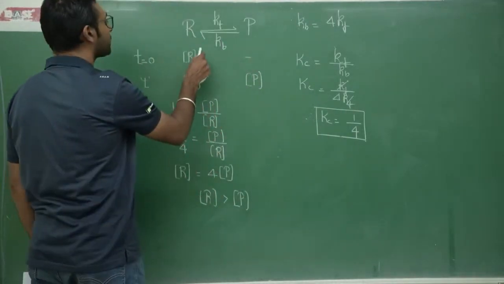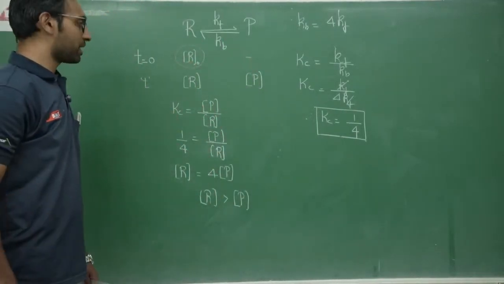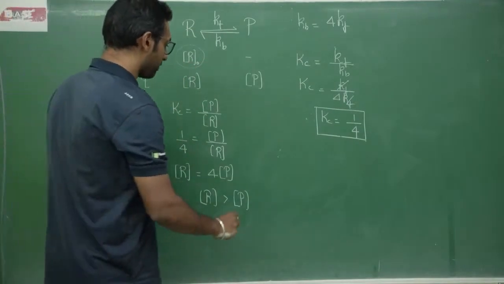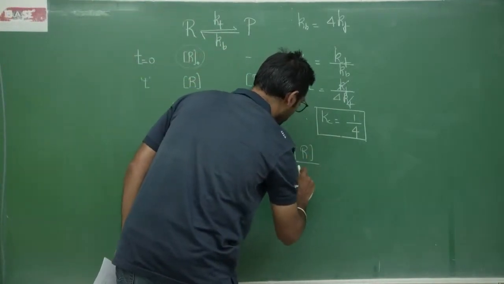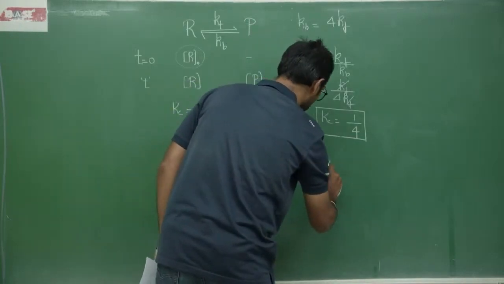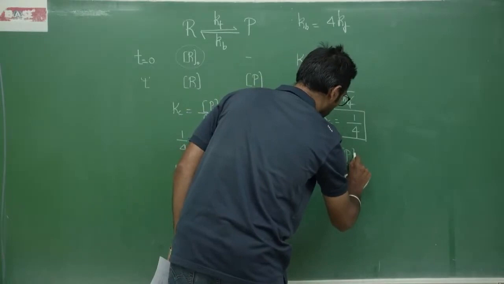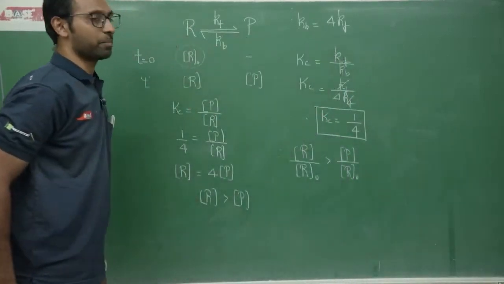Anyway, the initial molar concentration of the reactant is going to be R0, and that is constant. So therefore, the molar concentration of R by R0 is of course going to be greater when compared to the molar concentration of product by the initial concentration.